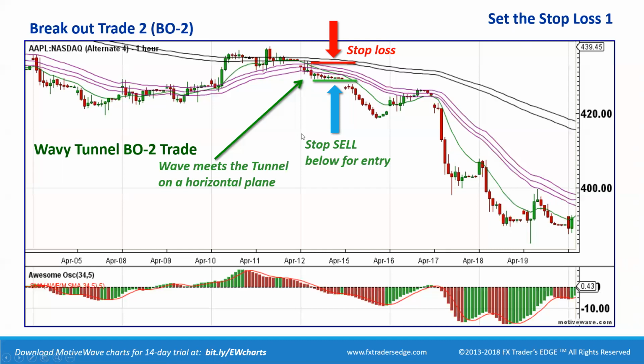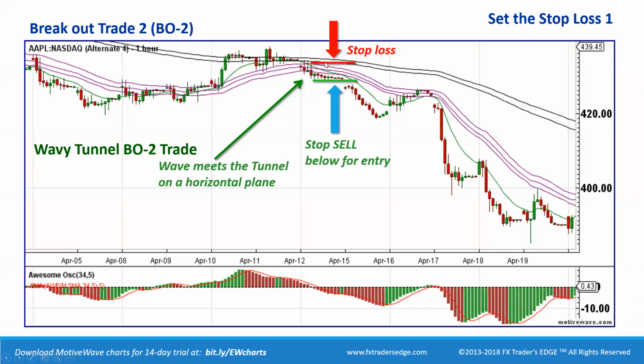Okay. As long as you use proper money management, it doesn't matter where you set the stop. You just don't want to risk more than 1 or 2% of your account. So if you set your stop above the high price, then your position size is going to be smaller than if you set your stop over here.